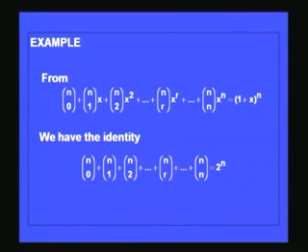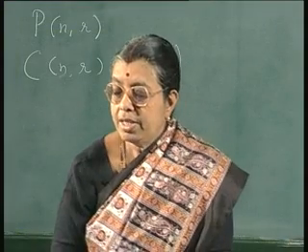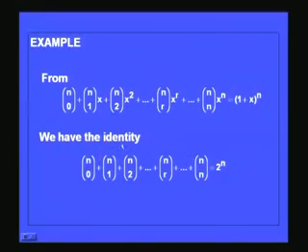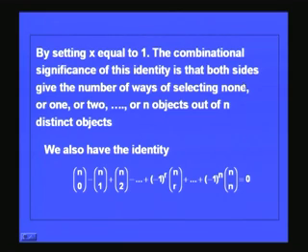So, the number of ways of choosing 0 objects, 1 object, 2 objects or n objects out of n objects, that is the left hand side, is seen to be equal to 2 power n. So, from the combinatorial point of view also we are able to see this, and we can get this from the binomial expression also using the idea of generating function. So, this is what we have seen. By setting x is equal to 1, we got that.